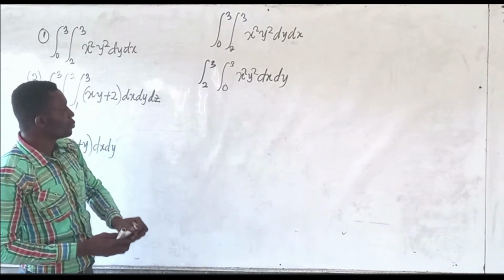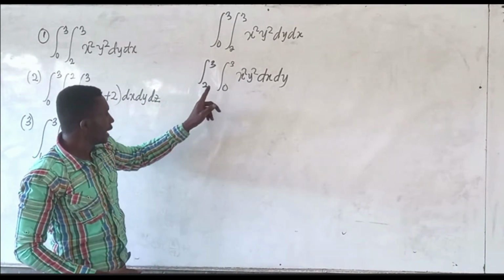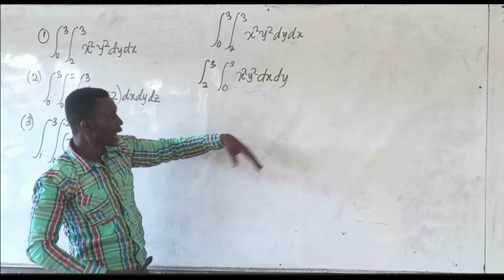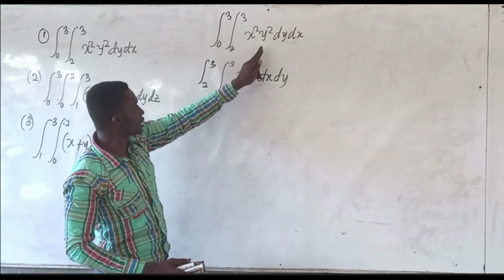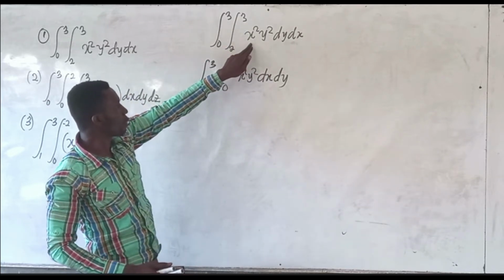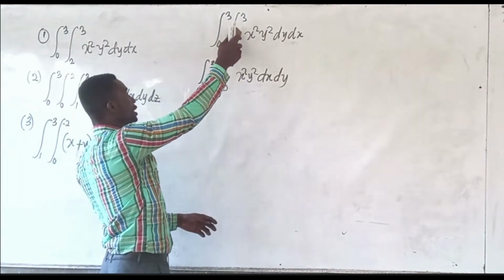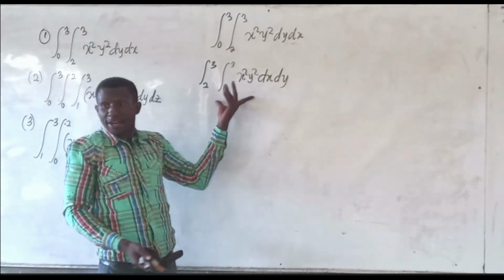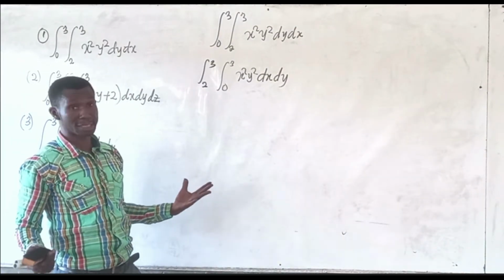So you can integrate x first with the inner one, and 2 to 3 dy outside, or integrate this one from 2 to 3 with x squared y squared dy, where x squared will be constant. You can choose to do it either way, or rearrange and integrate. In all, you will have the same answer.